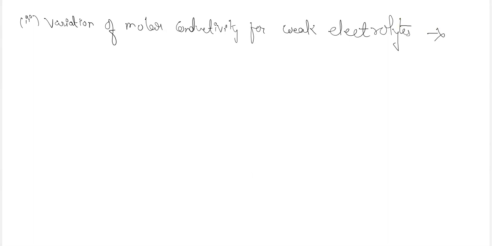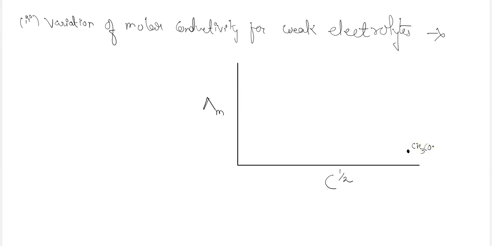For this, I am going to plot a graph with molar conductance on the y-axis and concentration on the x-axis. Taking an example of a weak electrolyte such as CH3COOH, acetic acid, its molar conductivity is very low at very high concentration.